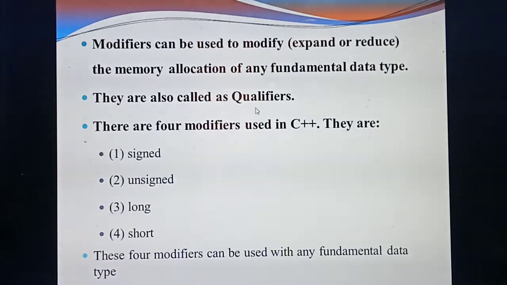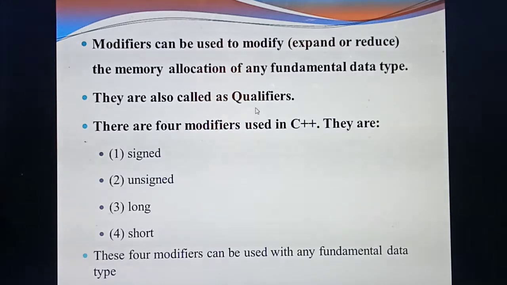So there are totally 4 modifiers. Next we are going to study these modifiers one by one. Totally how many modifiers are there? 4. What are they? Signed, unsigned, long and short. Understood what are the 4 modifiers? Signed, unsigned, long and short. These 4 modifiers can be used along with fundamental data types: int, character, float and double.